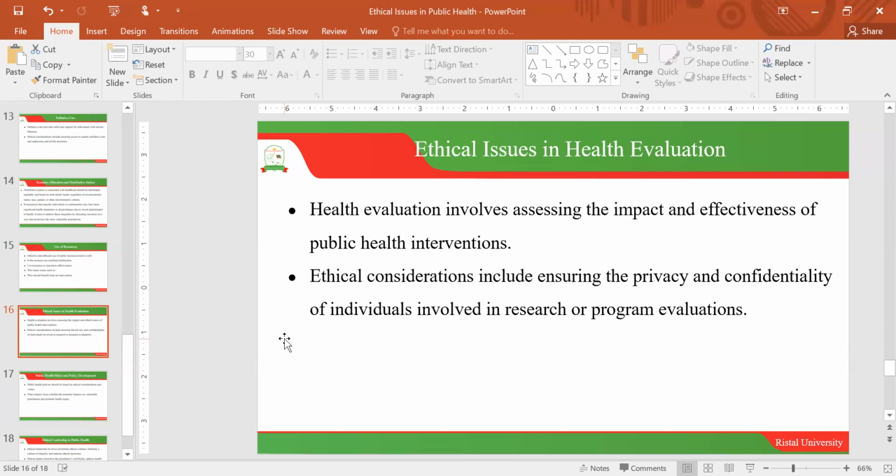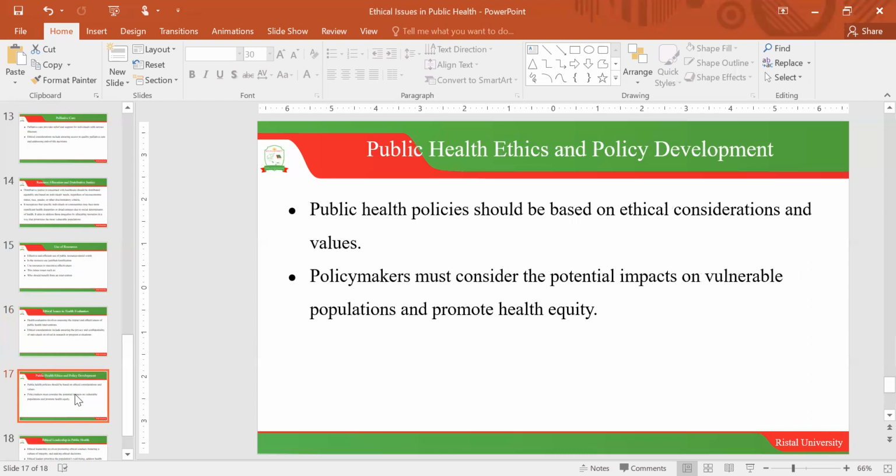Evaluation: you will carry out a number of public health evaluations. When you're carrying out evaluations, you're going to collect data. This data is usually associated with infringing on people's privacy and confidentiality, but you need to be mindful of that when you're collecting this data. We have what you call ethics in policy.